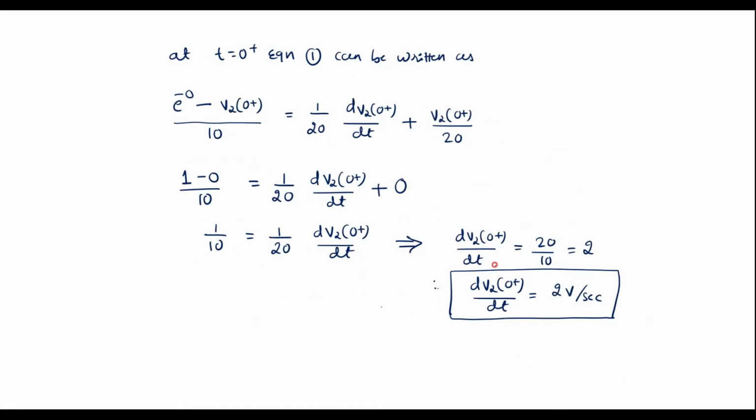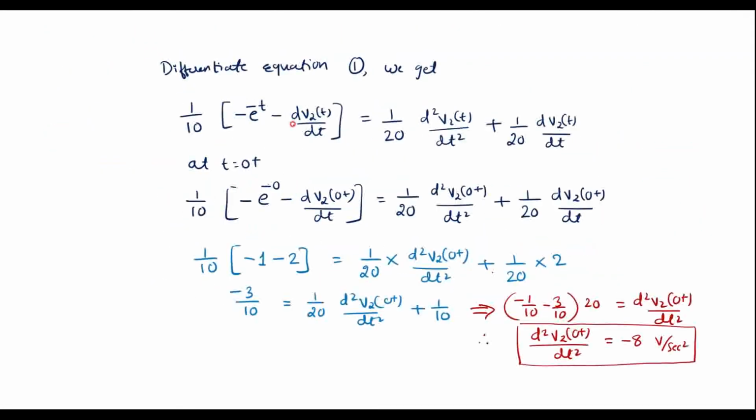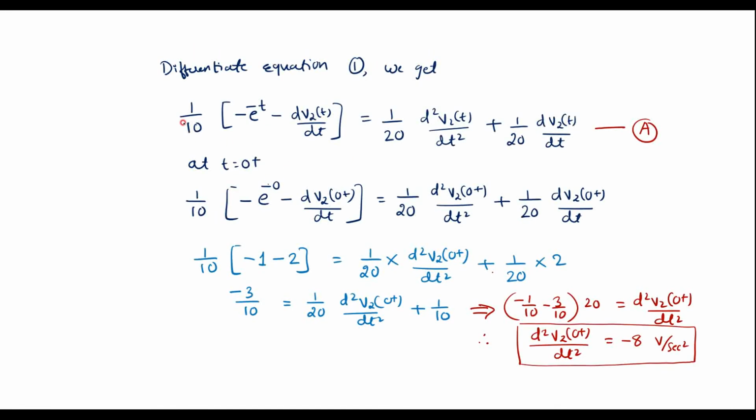So thus we found the second derivative also. Now we'll try to find the third derivative of v2 of t. So now let me call it equation A. Now let me differentiate equation A. We get 1 over 10.